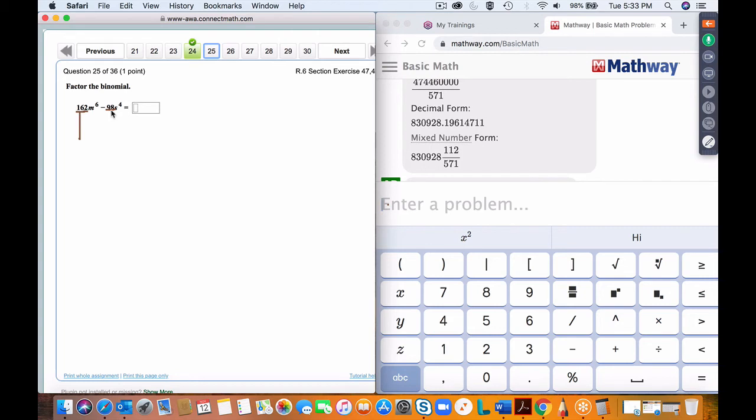So let's do that. The plan is that a squared minus b squared is always equal, which we call difference of two squares, to a plus b times a minus b.